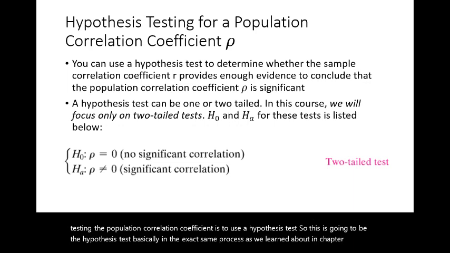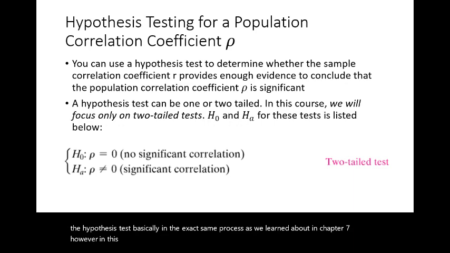However, in this particular instance, since we're testing correlation, you're only going to have these H0 and HA. For H0, rho is equal to 0, which means there's no significant correlation. And your alternate hypothesis HA is rho is not equal to 0, meaning there is a significant correlation.